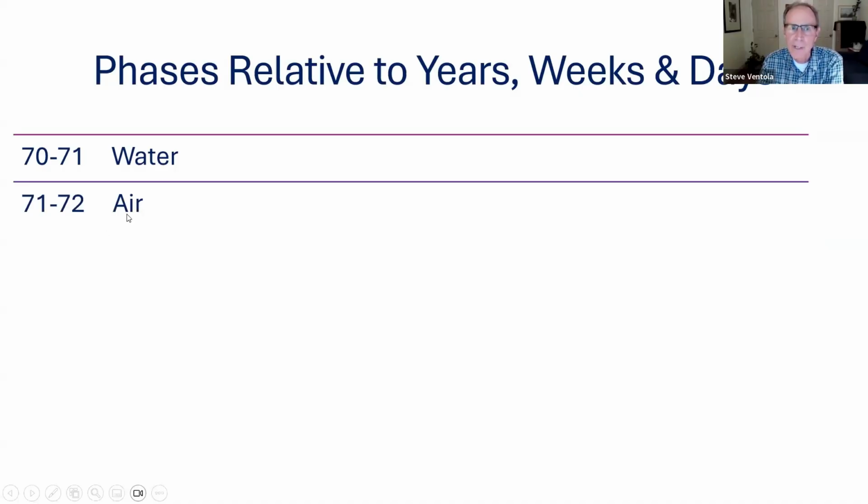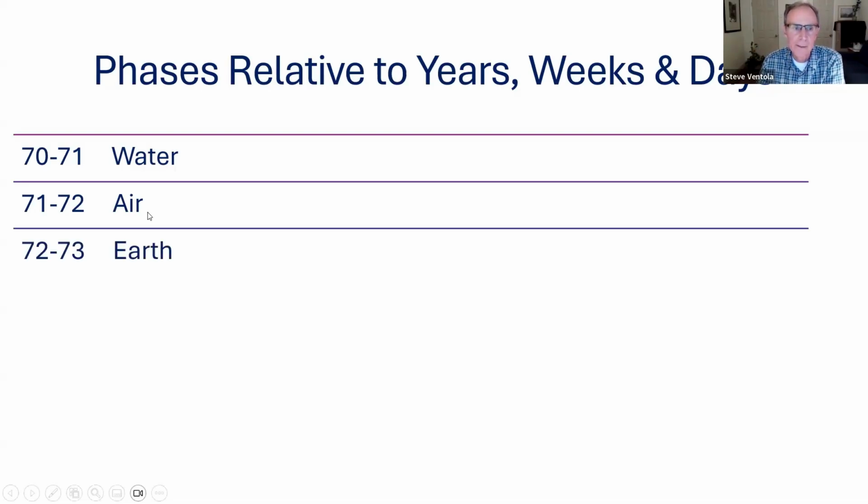71 to 72, air. Now, the air phase can sometimes be a little stressful because the more invisible factors are coming to the fore, and learning how to actually hold attitudes and maintain a sense of life-givingness. 72 to 73, the earth phase. This is where things become more grounded. This is the earth phase of the earth cycle of the earth year of this time frame.